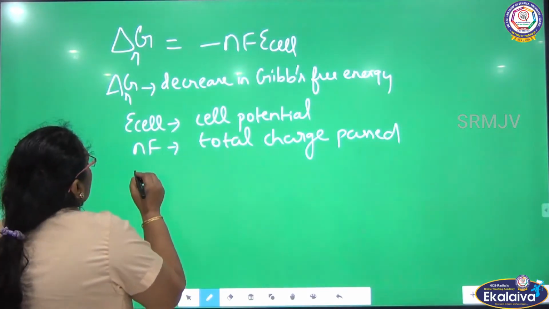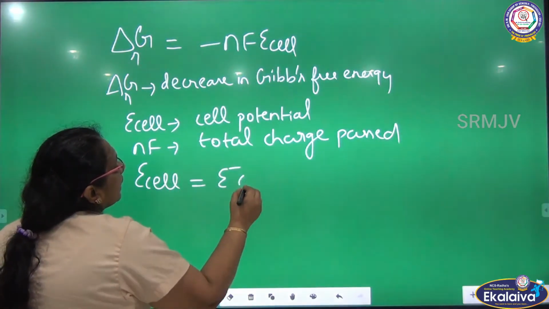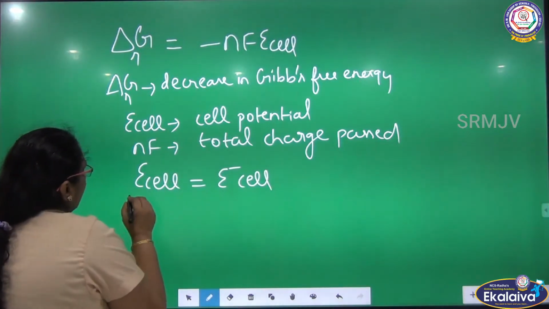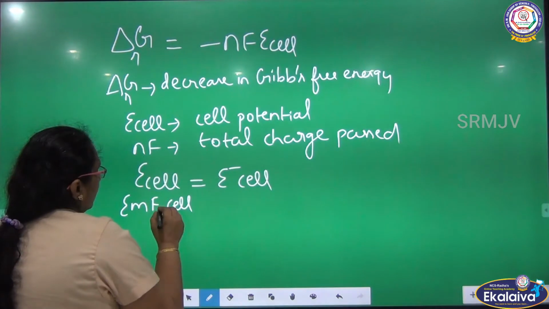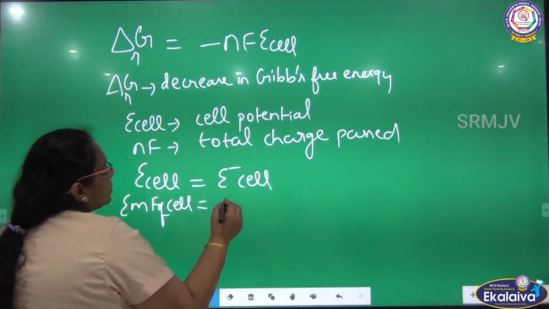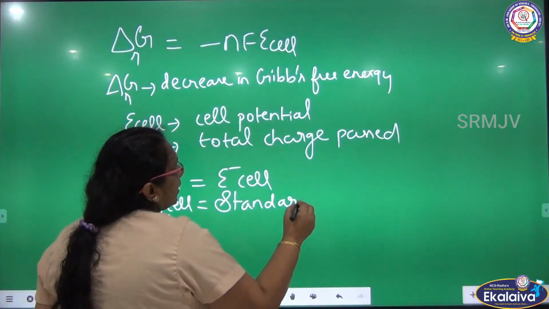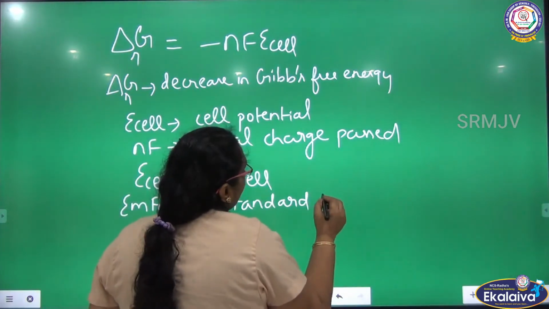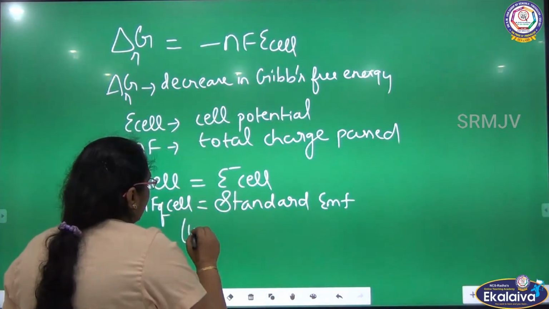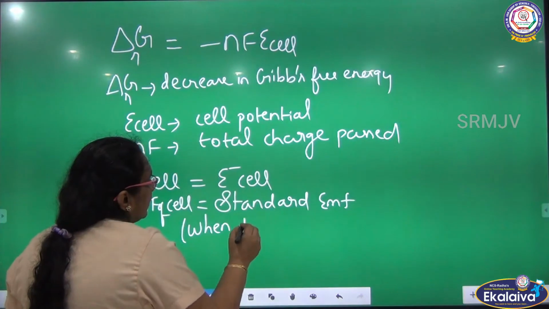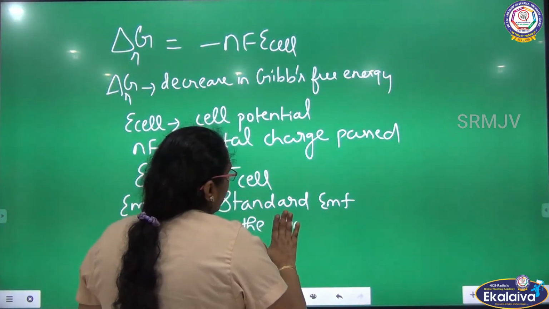So what is E cell? The EMF of the cell. The EMF of the cell is equal to the standard EMF, E dash cell, when the concentrations are taken as unity.